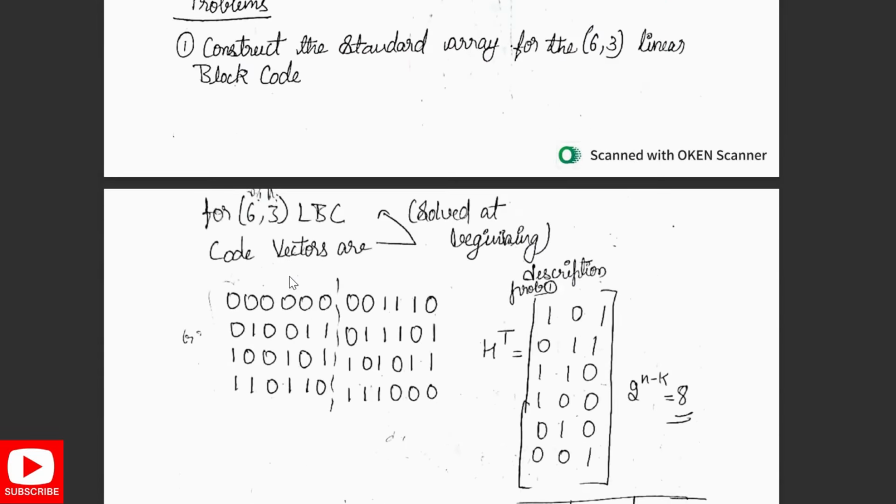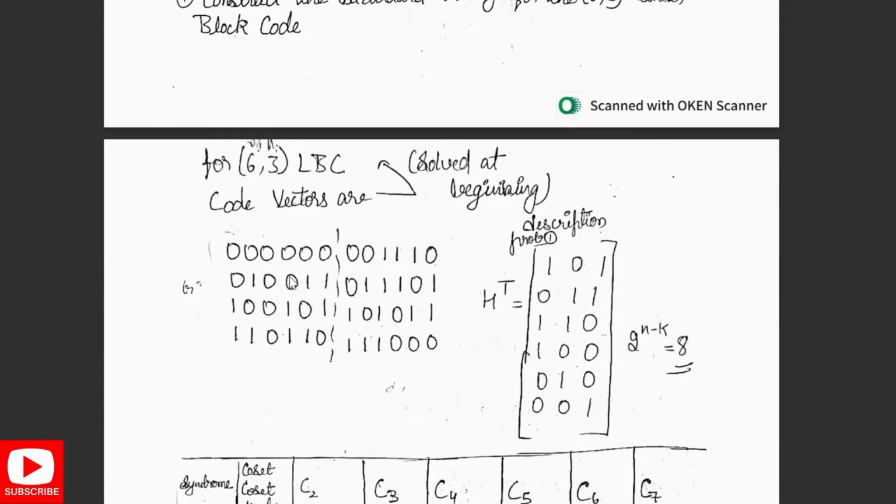Looking to the problems, a 6,3 block code they have given, you need to construct a standard array. So for the first 6,3, the code words are, we need to solve in the beginning itself. So here, you need to write down the H transpose. For the 6,3 you need to note that this is n and this is k.